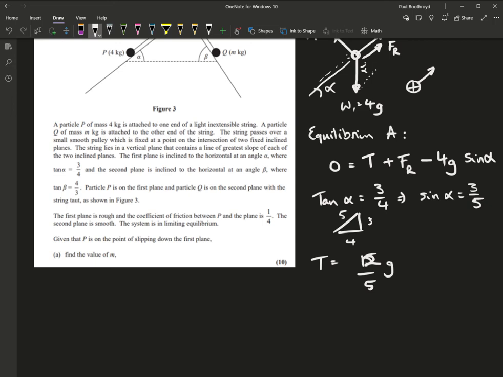Subtract the friction. Friction is a quarter of my force.